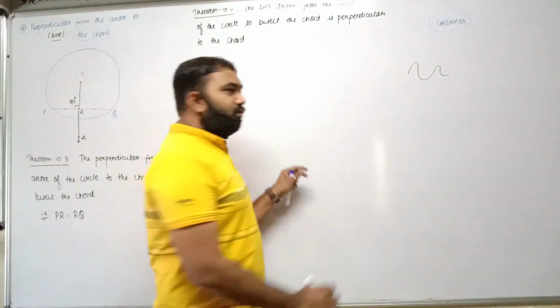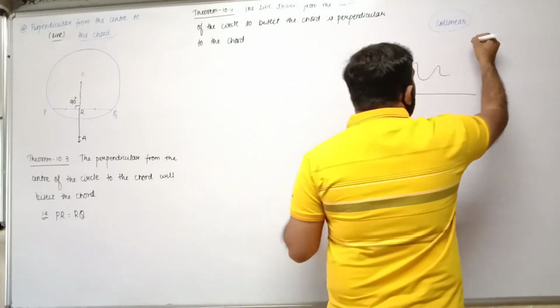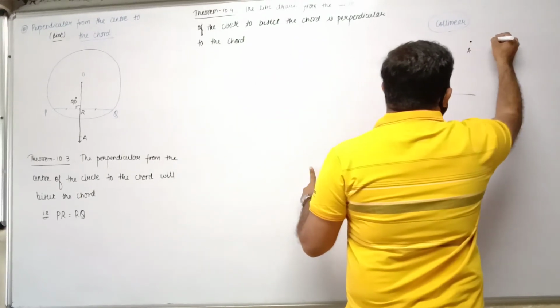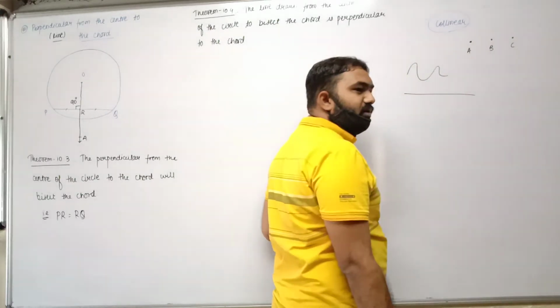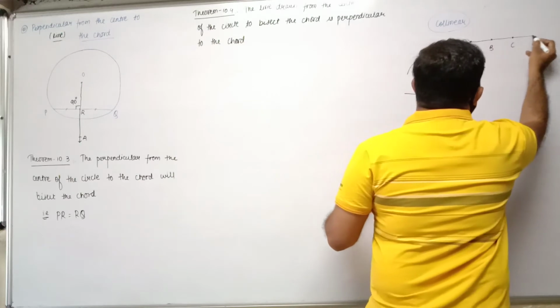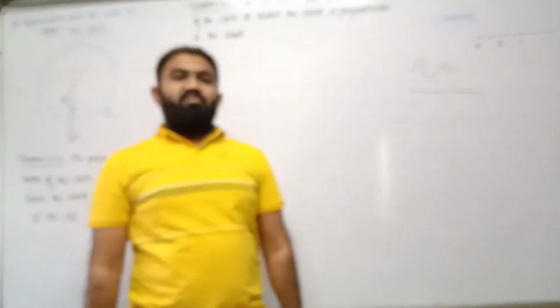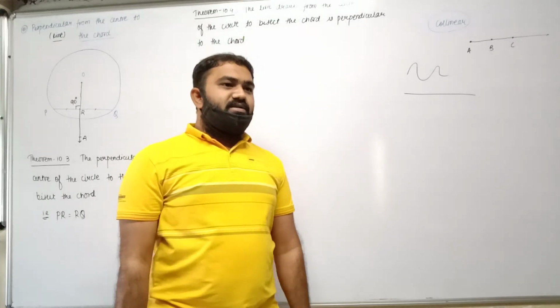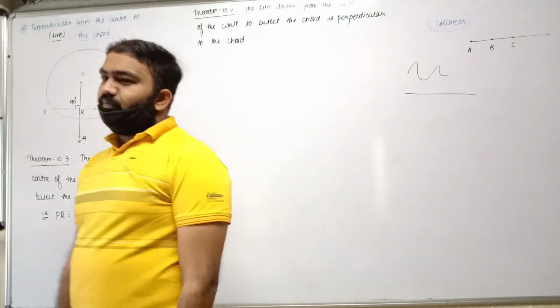If there are 3 points, let me name A, B and C, and if I join them in order, then what am I going to get? A straight line. Then these 3 points are known as collinear points.